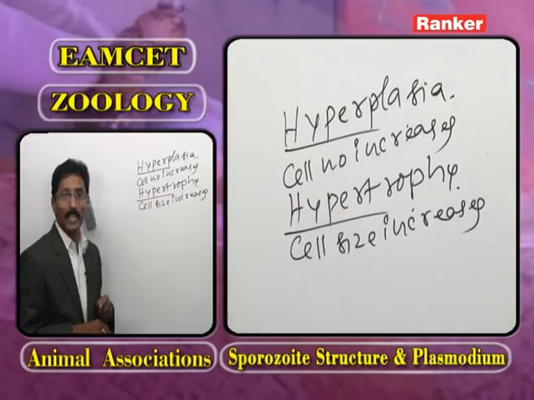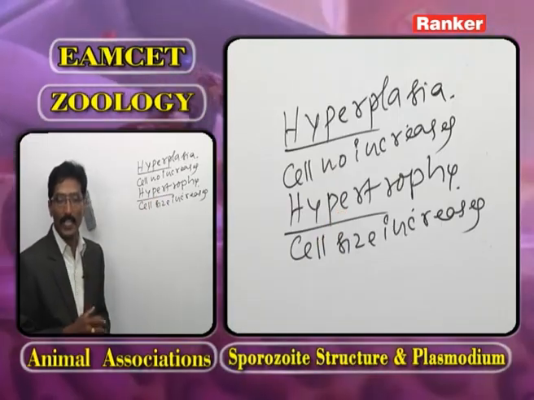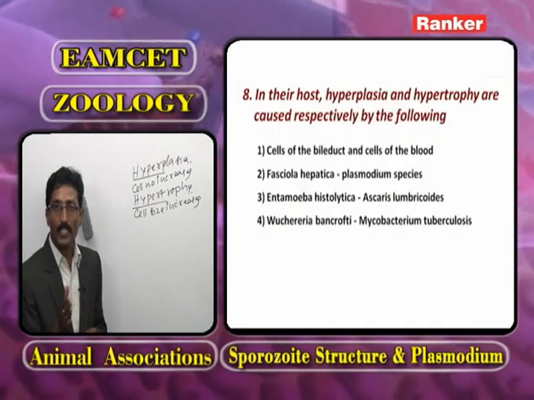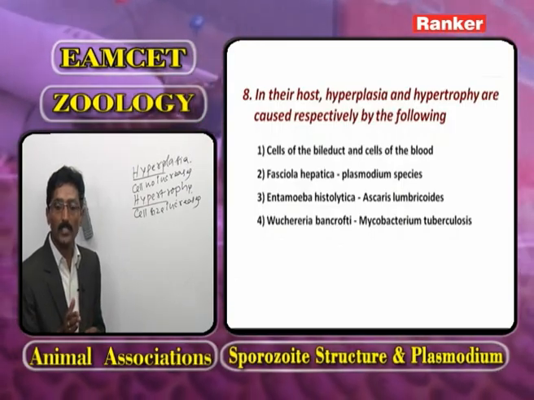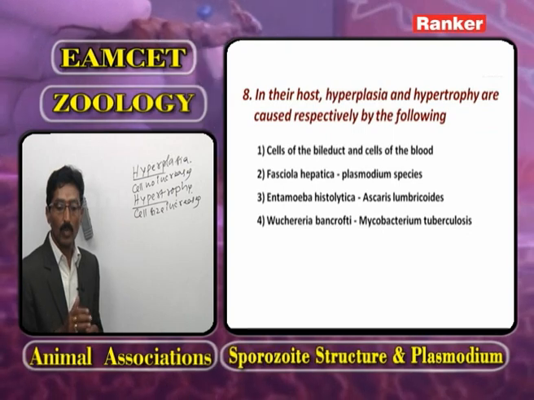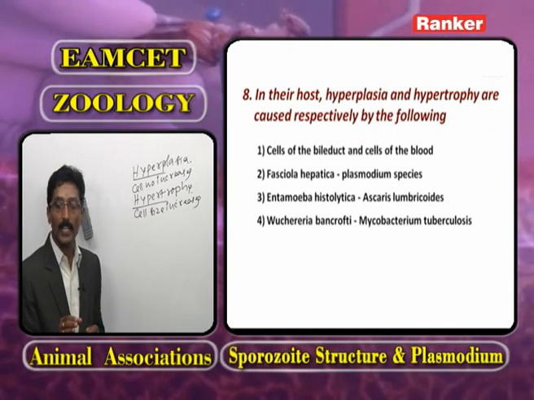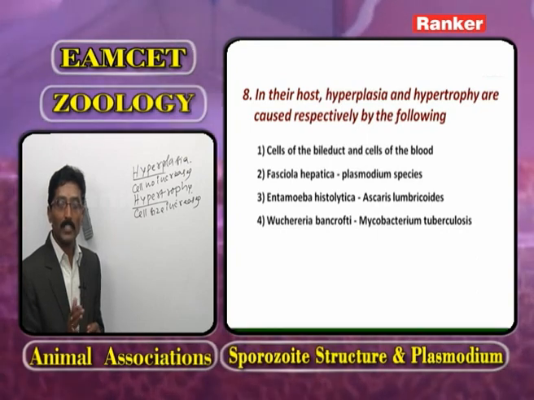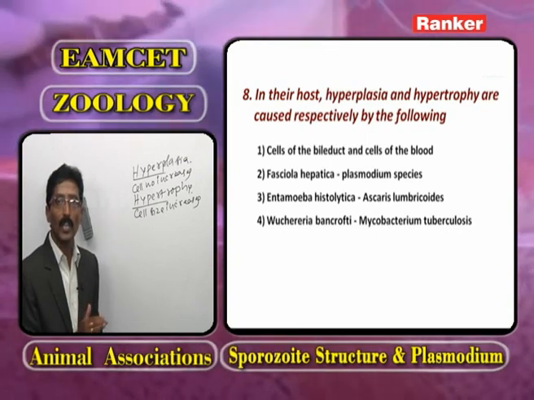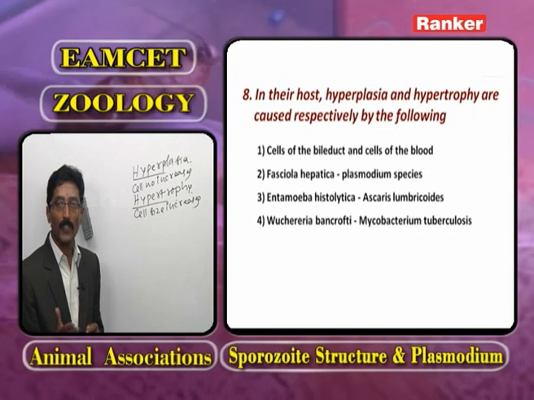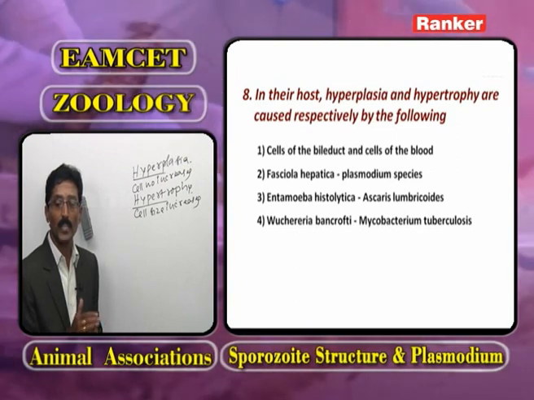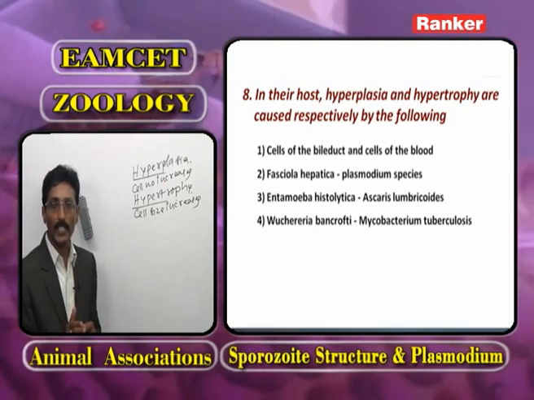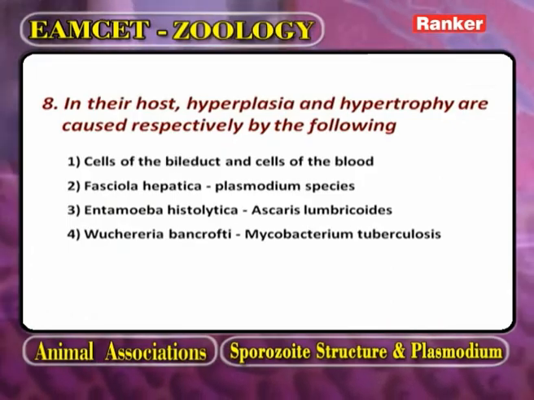That we call hypertrophy. Now here, what is the correct answer? Hyperplasia and hypertrophy are caused respectively: one, the cells of bile duct and cells of the blood. Second, hyperplasia caused by Fasciola hepatica, hypertrophy caused by Plasmodium species. So here the correct answer is the second one.